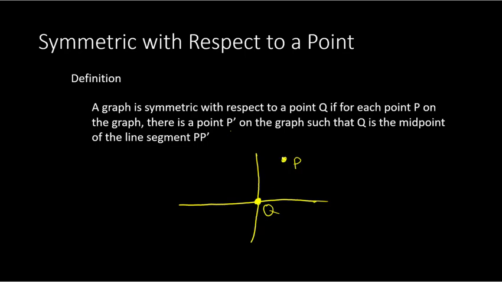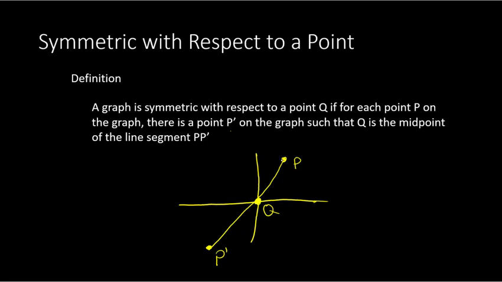So if you have a point P, then there must be another point down here, P prime, such that Q is the midpoint of that segment. All right, so we're just sketching it by hand. It's not an exact length, but that's the idea, where Q would be the midpoint of that segment P P prime.